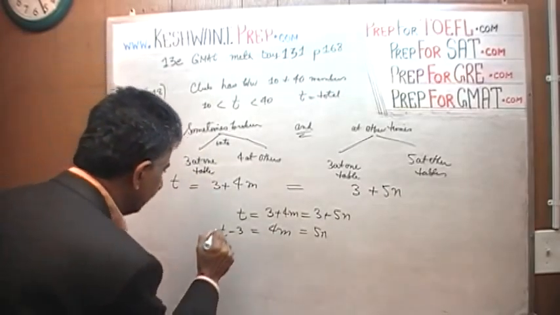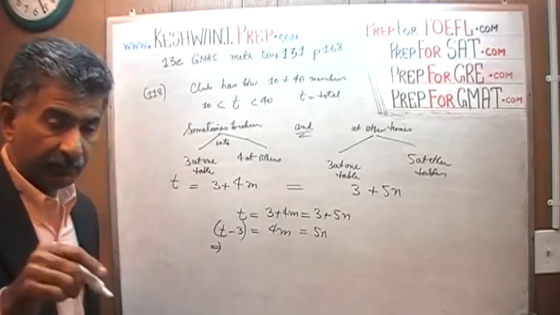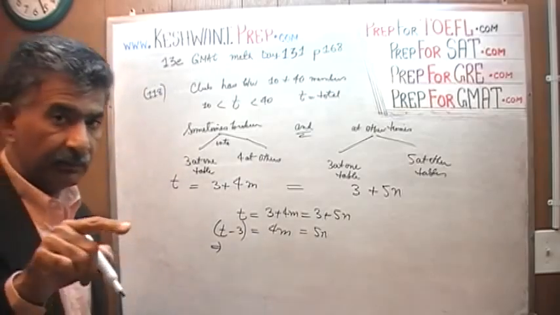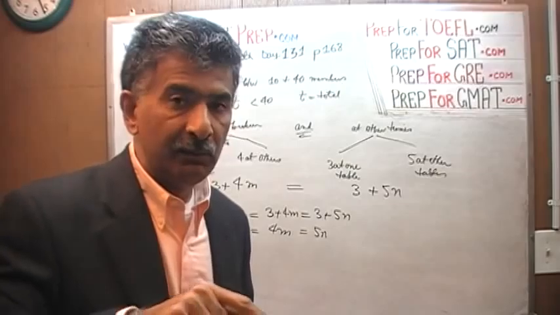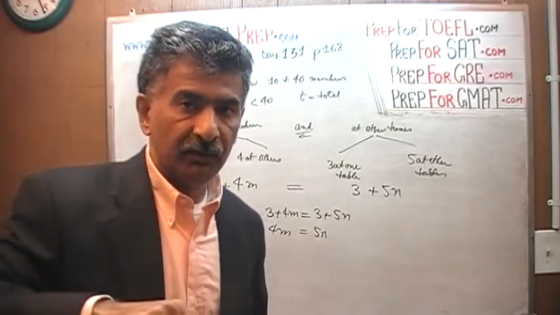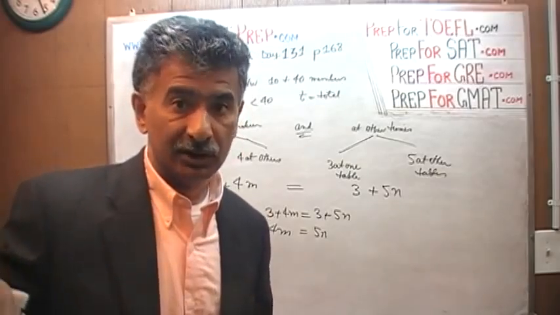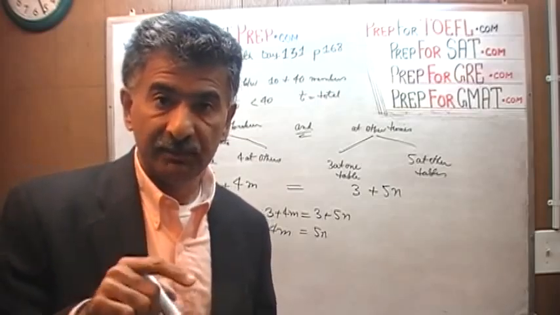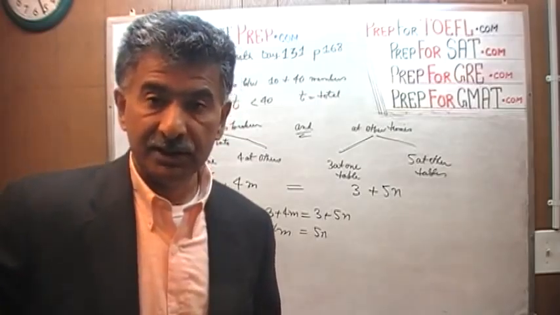If T minus 3, if you take away 3 people from the total number, then the remaining people can be evenly put around tables of 5 each or 4 each, with exactly 4 at each table, or 5 at each table.